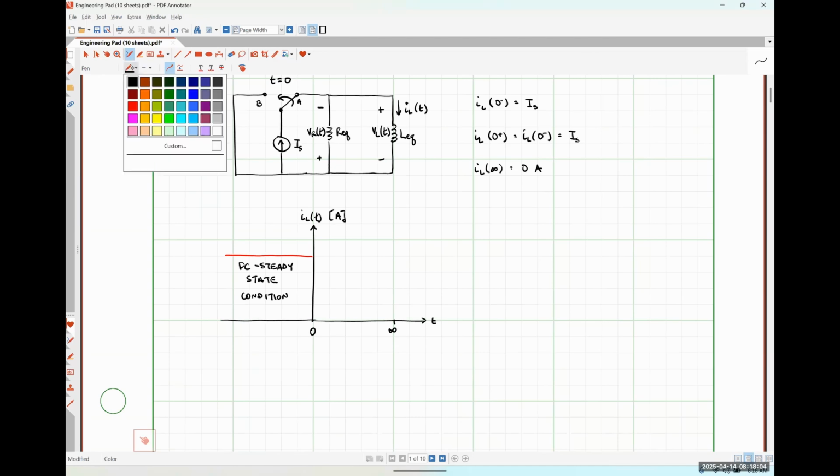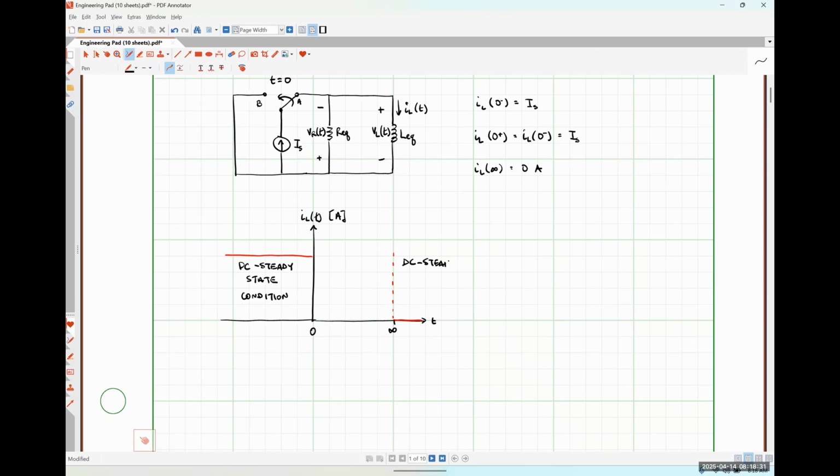And we know that for t equal to infinity and beyond, our current is 0, because our resistor has converted all of the stored energy into heat. Okay. So from this point on and to the right, we also have another instance of DC steady state.